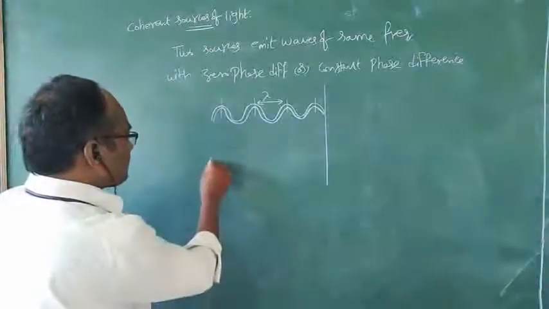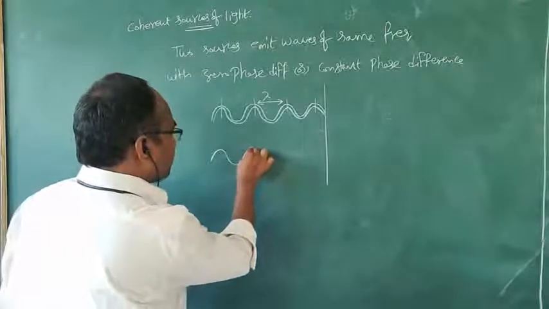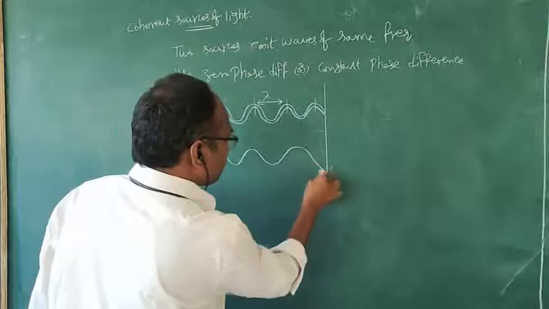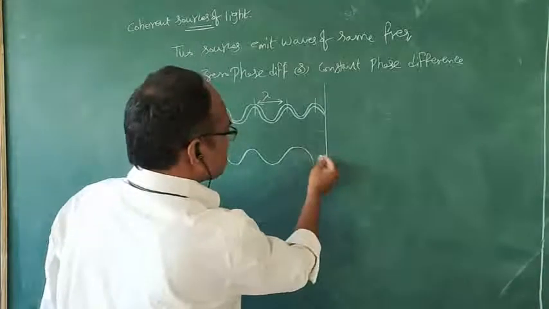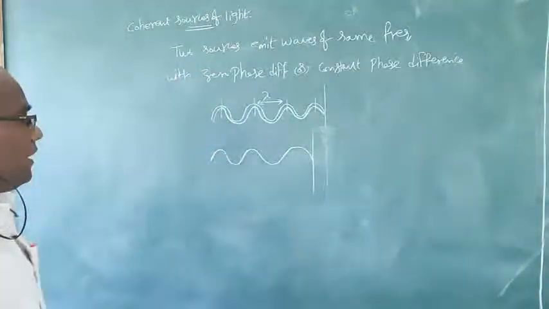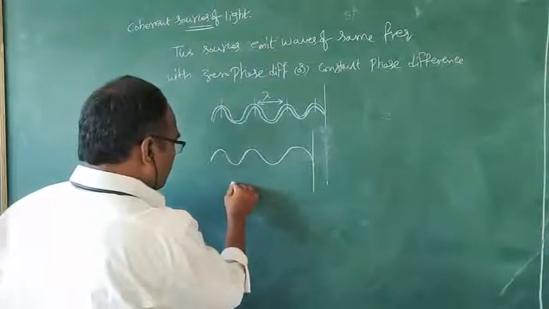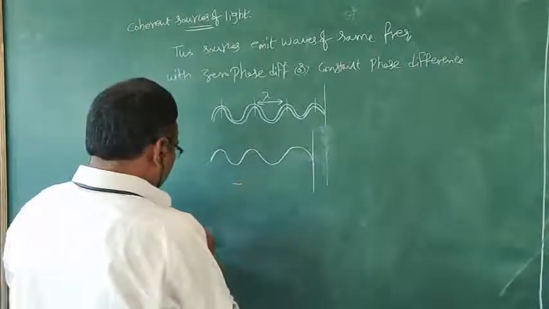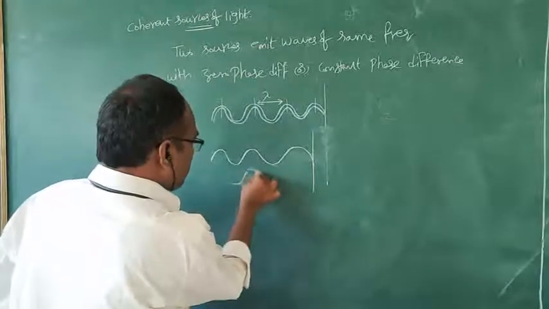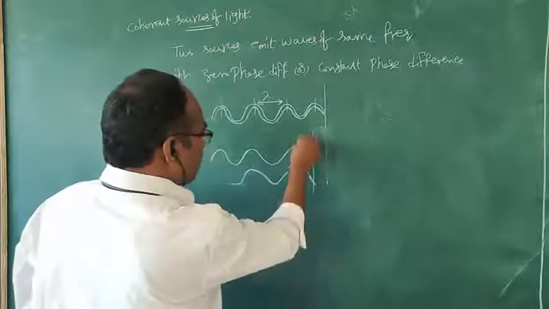How? Suppose this is a wave like this, and this is the source of light. Now here I am drawing with blue color. Here also, what happens?